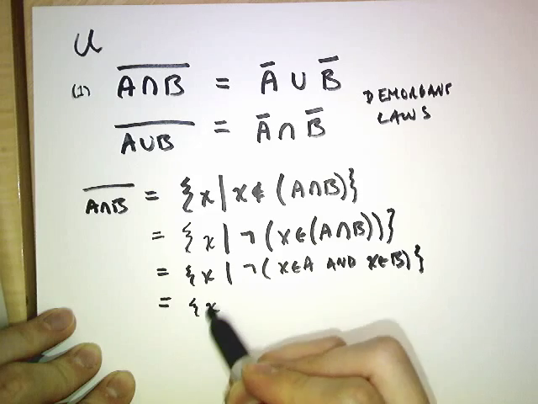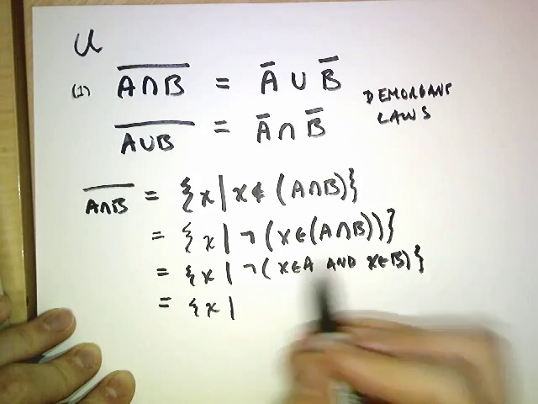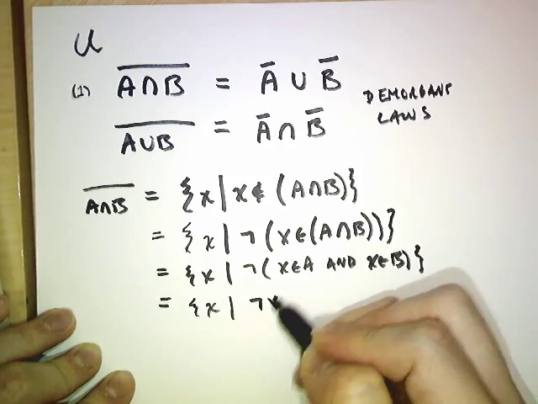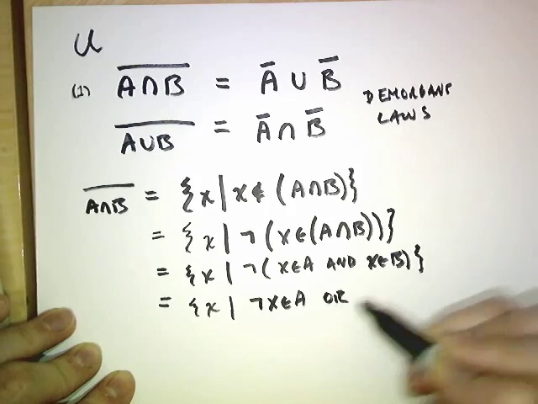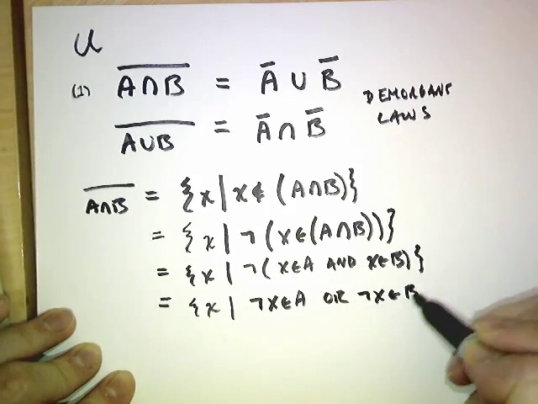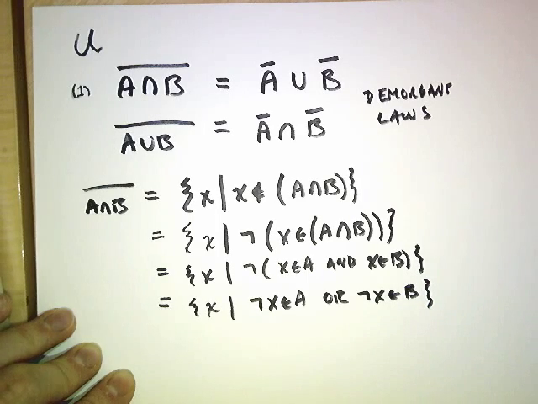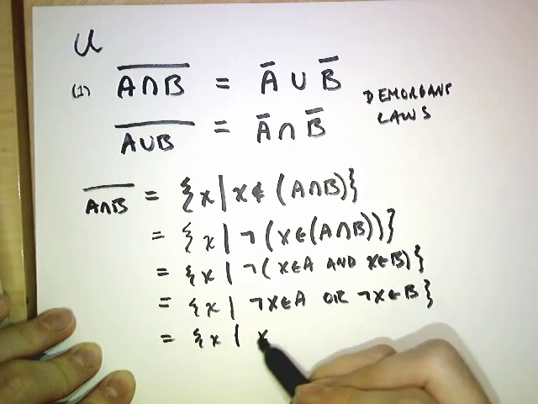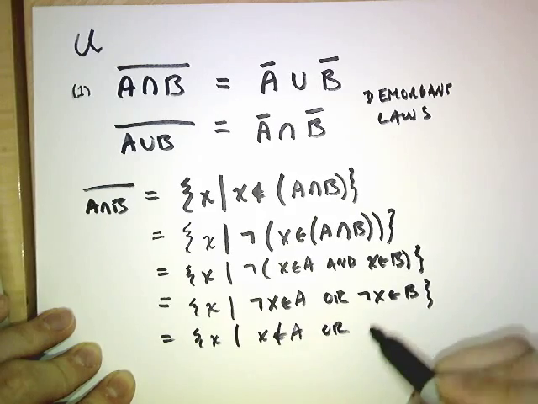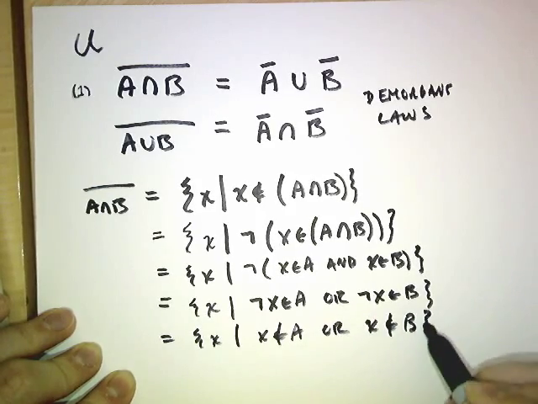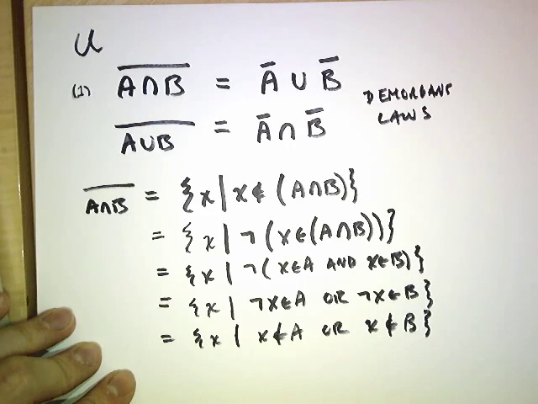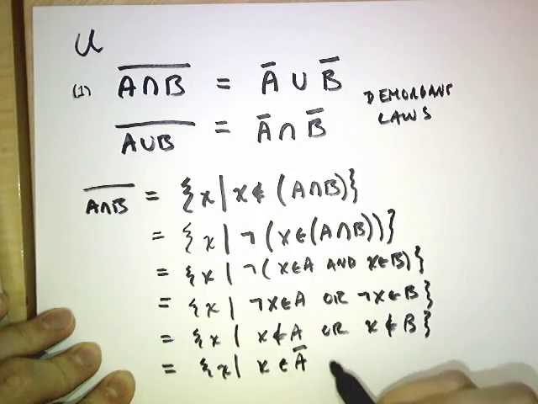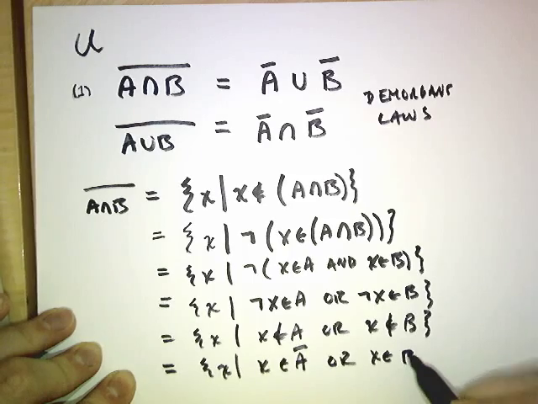This is equal to the set of all x. Now we're using De Morgan's laws as we have learned them in the past in the course. So we have a negation here and we have an and. So it's not the case that x is in A, or it's not the case that x is in B. This is equal to the set of all x such that x is not in A, or x is not in B. And this is equal to the set of all x such that x is in A complement, or x is in B complement.